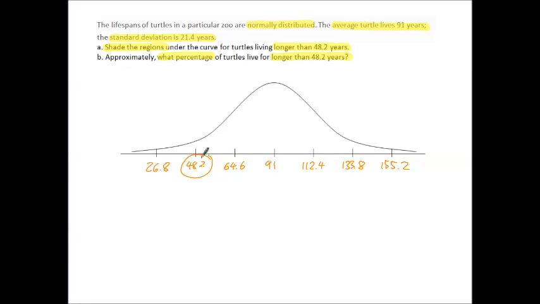And the number that we were looking for is 48.2. This is what we care about, and we want to shade the region under the curve for turtles living longer than 48.2 years. So to the right of that is all this part of our normal distribution curve. And now we're supposed to find out what percentage is represented by the shaded area.